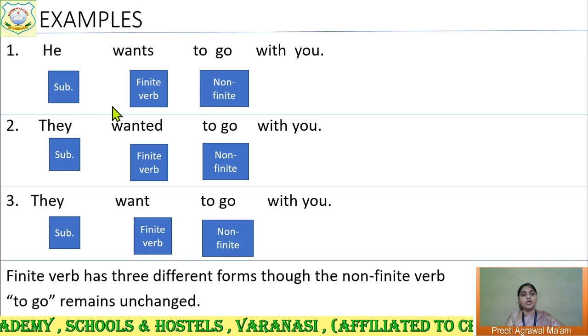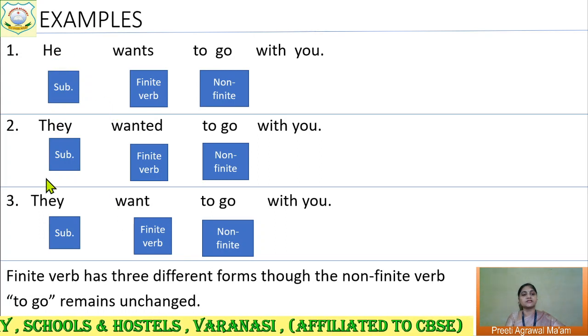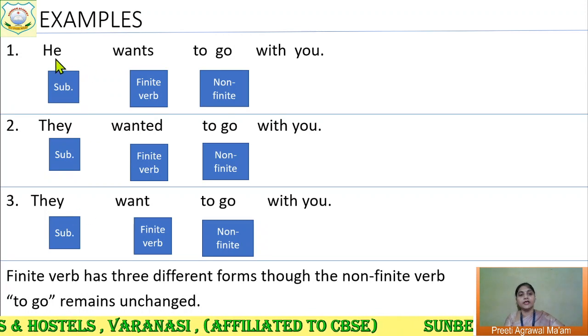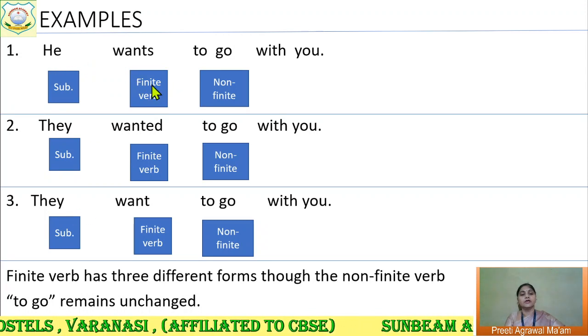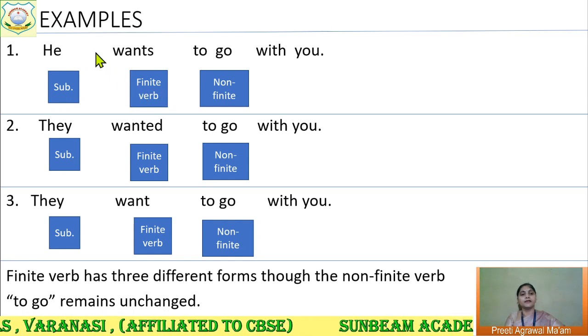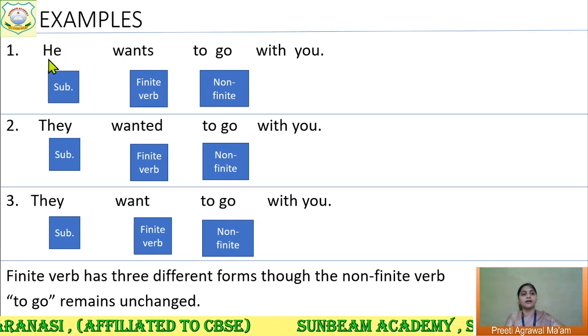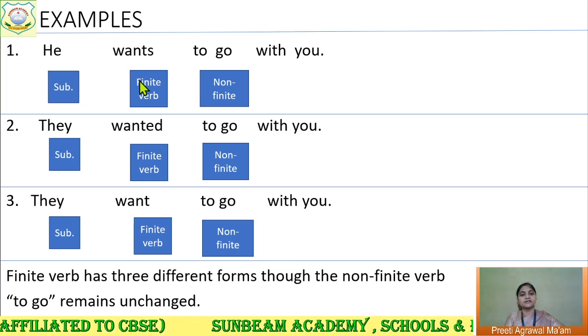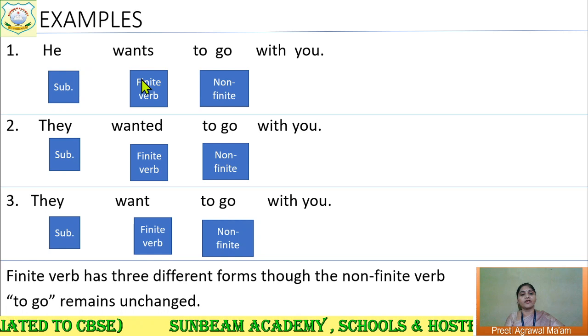Why have I done so? Because our subjects are different. If you remember, I told you in the beginning that finite verbs are affected by the subject, by the number, by the person, by the tense. So this is the example. See, finite verbs are affected.